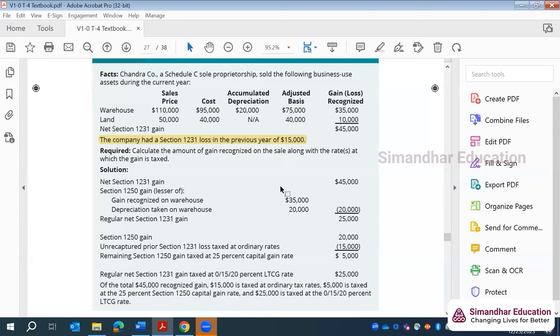If my overall gain is $20,000, 10,000 is my Section 1250 gain, and I also have a look back Section 1231 loss of $15,000. Now what happens to the gain?